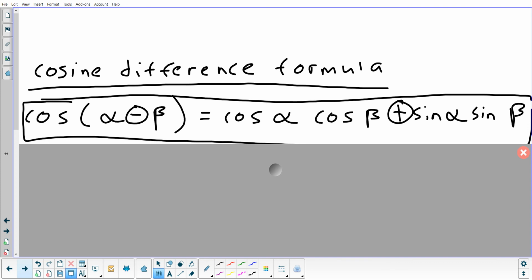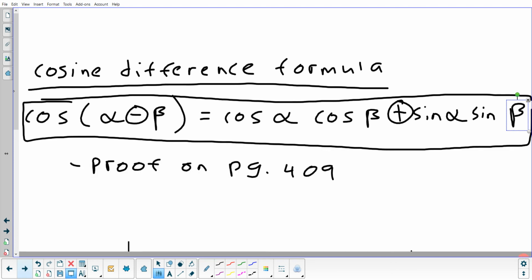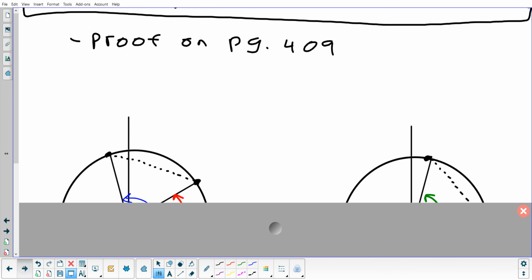And then the angles that you plug into your cosine and sine functions: the first angle, the second angle, the first angle, the second angle. 1, 2, 1, 2, right in order. So that's called the cosine difference identity. Again, we're not going to go through the proof.